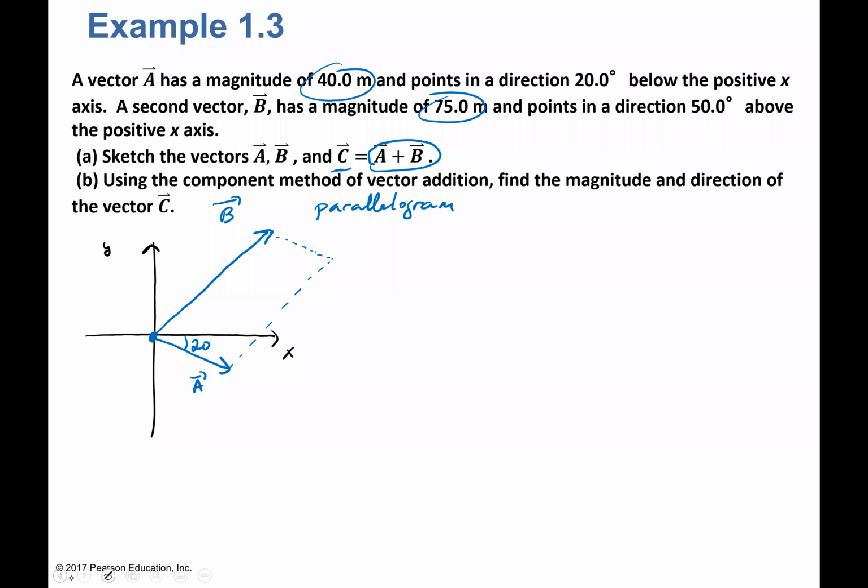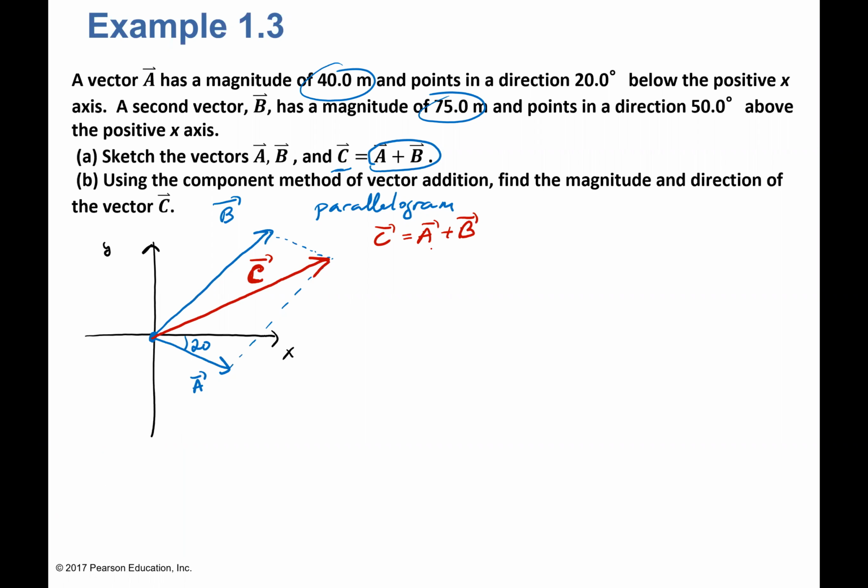Then the resultant vector will be the one that goes diagonally from where their tails are, like this. And let's call this vector C. All right, that's the resultant, A plus B. Remember, vector C is equivalent to the sum of A plus B.